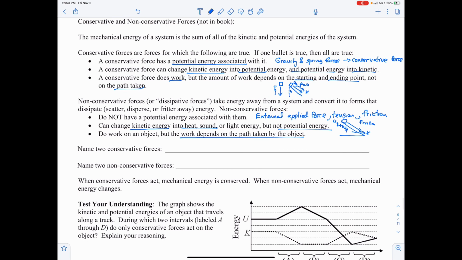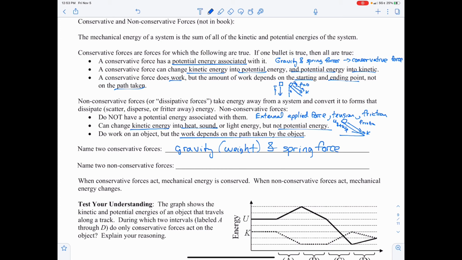So again, let's summarize here. Name two conservative forces. Well, gravity, or weight, right? You know it as both. And spring force would be two mechanical forces. You could put electrical force in this as well, but let's focus on the mechanical forces since that's the focus of our studies.